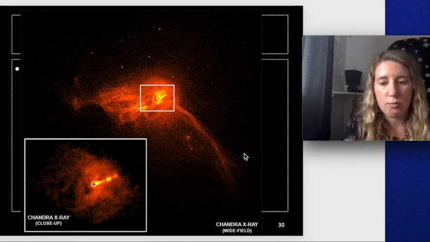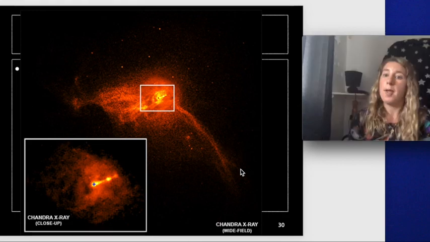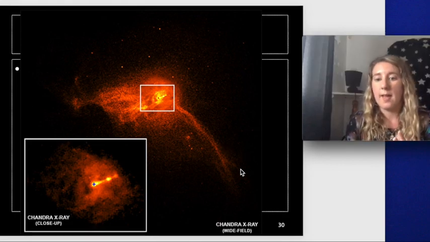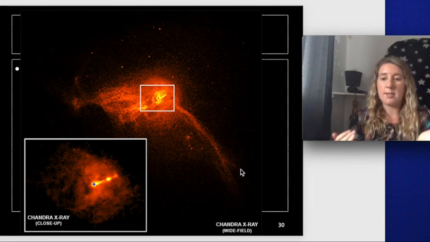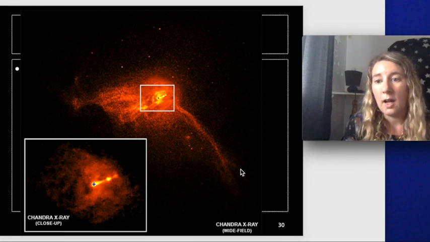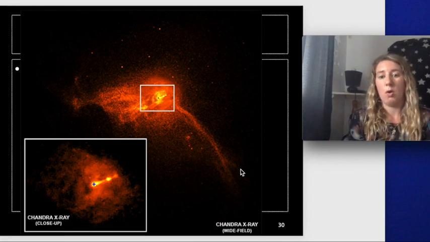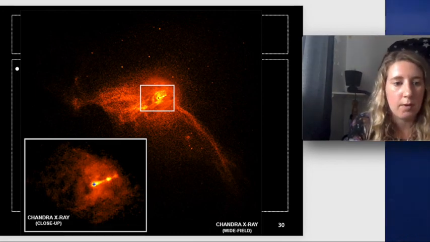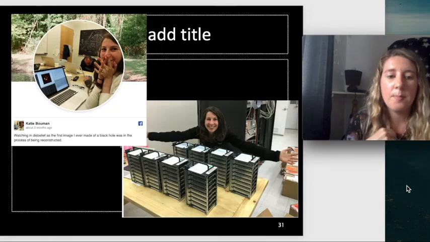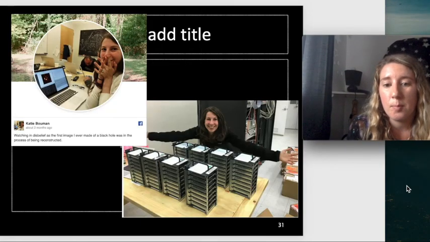So it's really cool that we've now been able to compare the Event Horizon Telescope data in the radio to this X-ray data from Chandra and see that there's this really extreme system going on in M87.